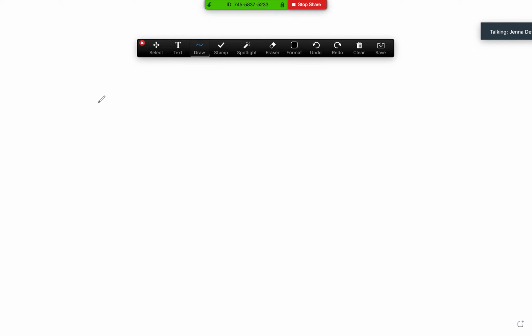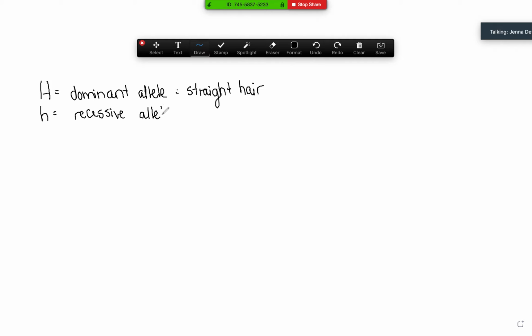Okay, so if we go back to our curly hair and straight hair example, remember we had our dominant allele, which was a capital H, and this happened to be straight hair. And then we had our recessive allele, which was a lowercase h, and this was curly hair.